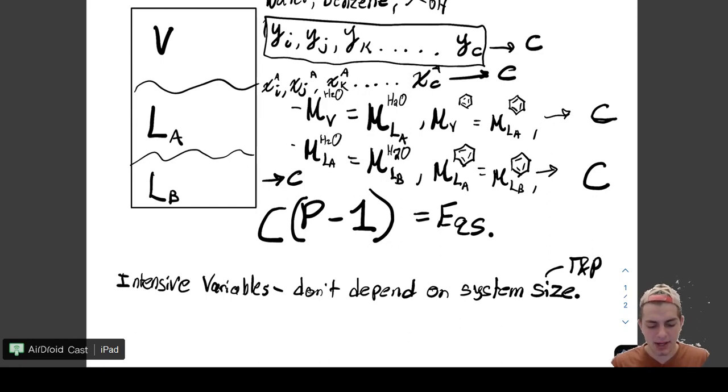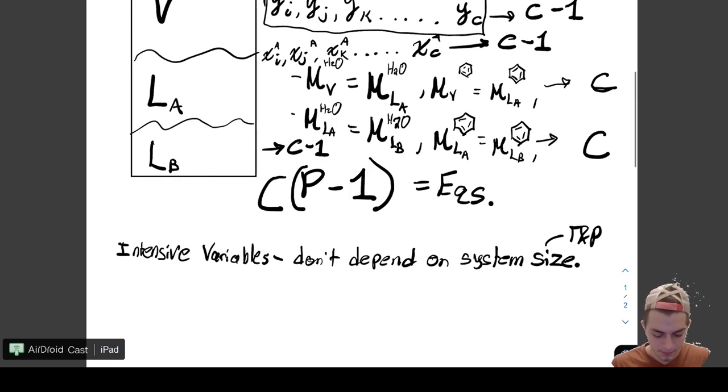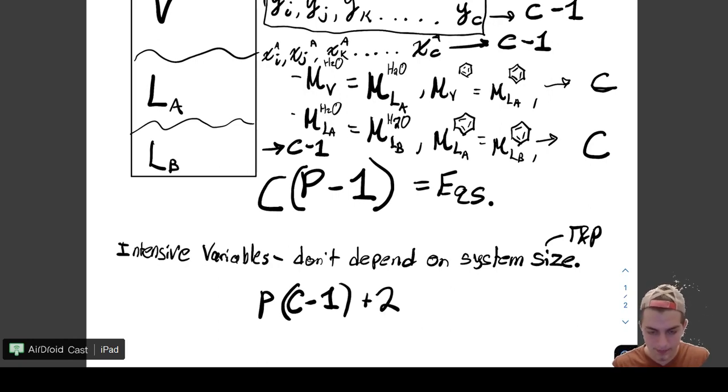And so from that expression, we can say that really the amount of variables that we need to actually specify here, or rather that we don't need to specify, would be C minus 1 for each one of these. From that, C minus 1, and we can multiply that by our number of phases, and then add 2. And that will give us our number of variables.